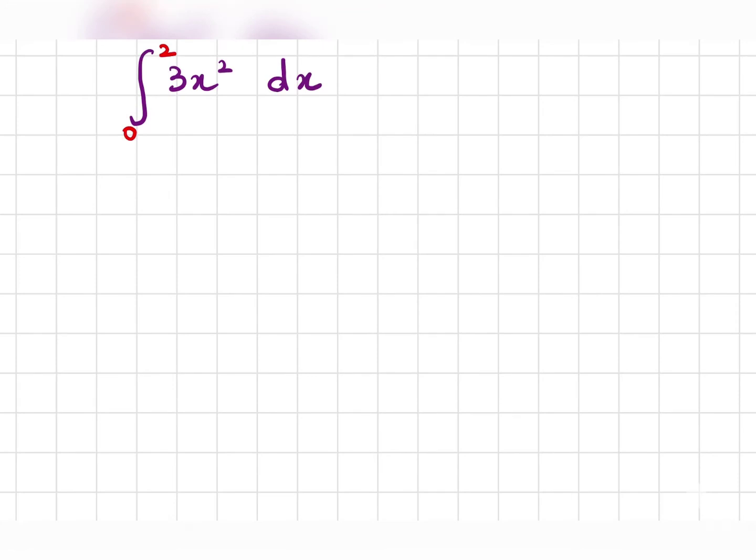First let's integrate this. This will be 3x^(2+1) divided by 2 + 1. If you add a plus c, and I'm just teaching you how I'm doing this basically, plus c, you write 2 in it.